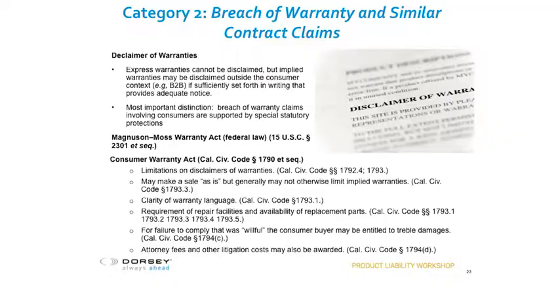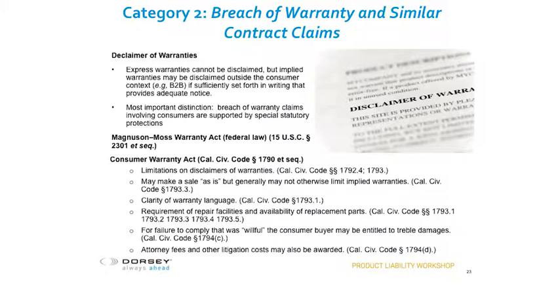If they are a consumer, then they have a significant amount of protection under state and federal law that essentially says we're not going to allow sharp business practices, with fine print on the reverse side of an invoice, or, now more often, fine print that's buried on a website somewhere that you're saying is part of the contract, to disclaim all of these warranties. We're going to take care of this type of abuse. And so there are significant limitations.